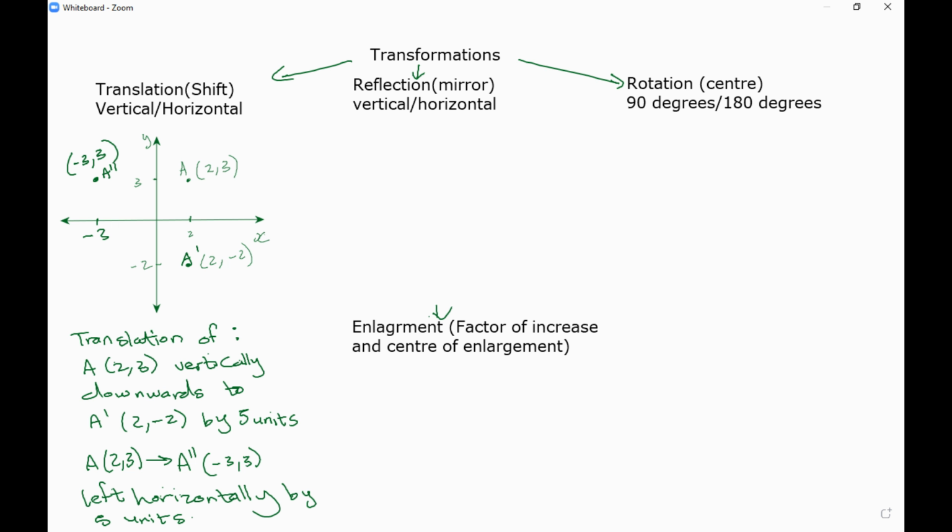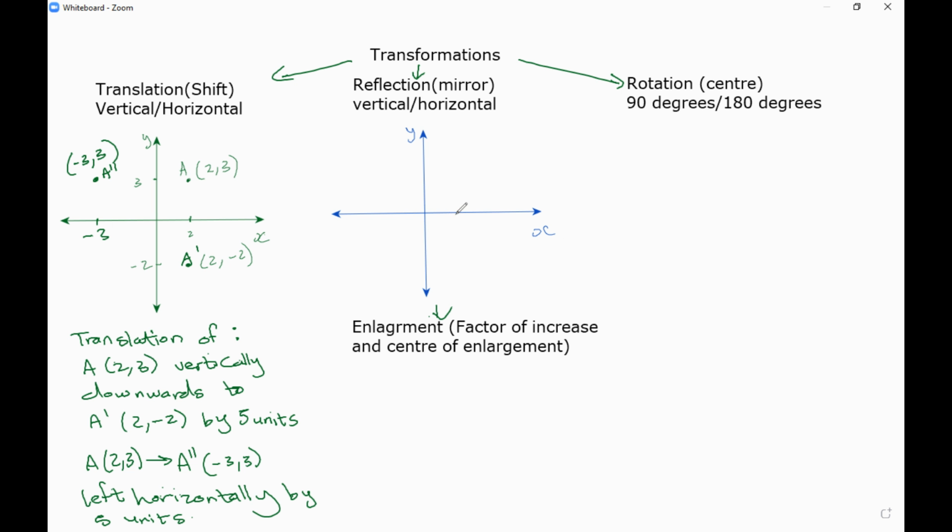Let's look at reflections now and see what that is all about. Reflections can be over a reflection line. You can reflect over the y-axis or x-axis. So this is your y, this is your x.